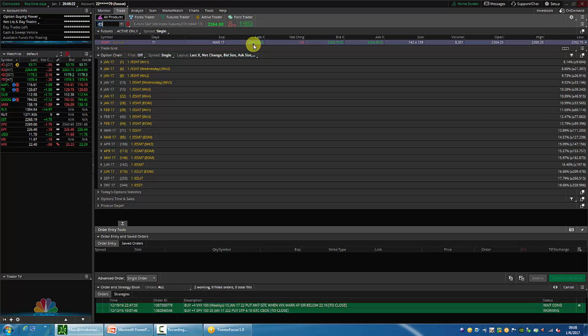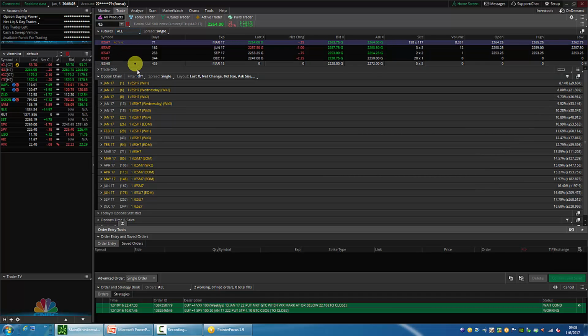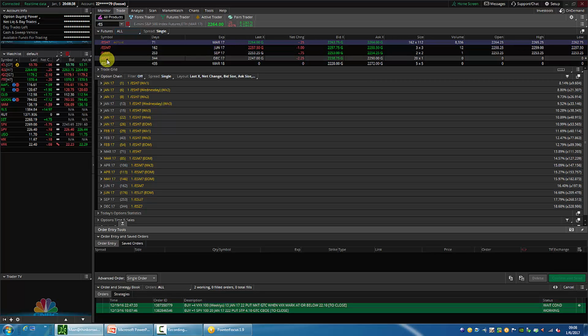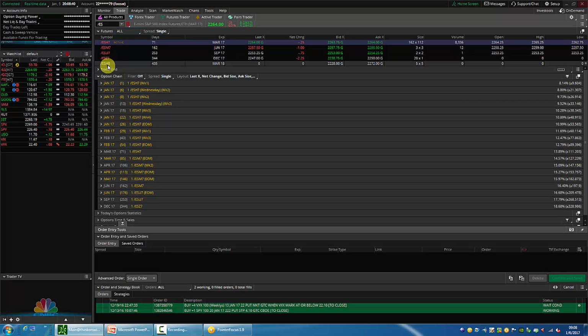The futures price is 2264. If you turn it to all, then you can see all the different months. This is the June Emini S&P 500, and this is September, December, and this one is the March 2018. There's no price yet, so the active one is the current month.